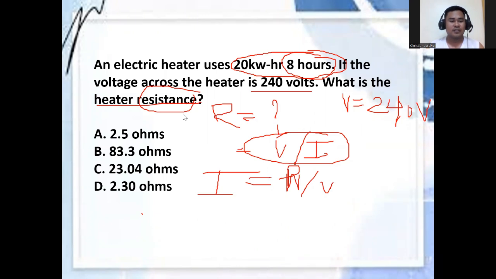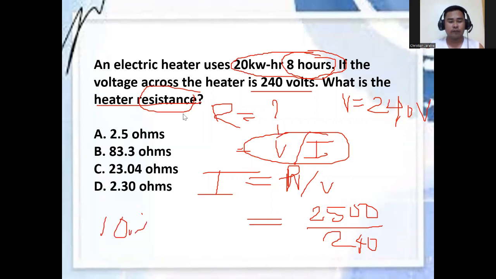So, this becomes right now, since our power is 2,500 divided by, what is our voltage here? 240 volts. What's the answer for current? Our current right now is 10.42 amperes.